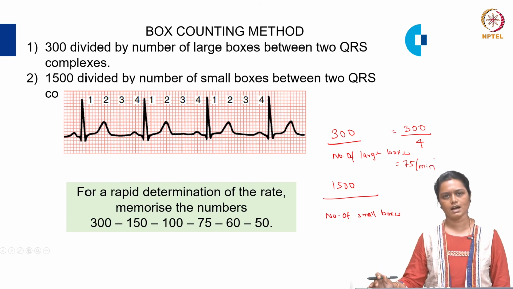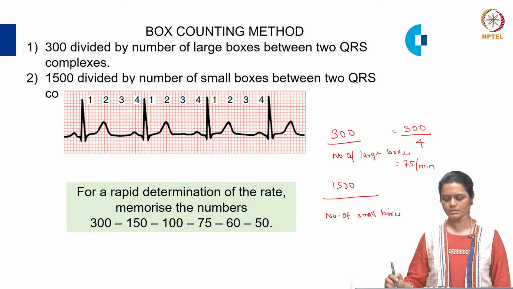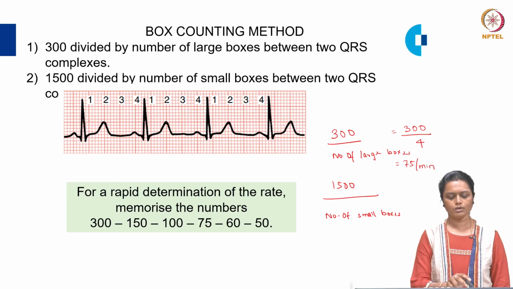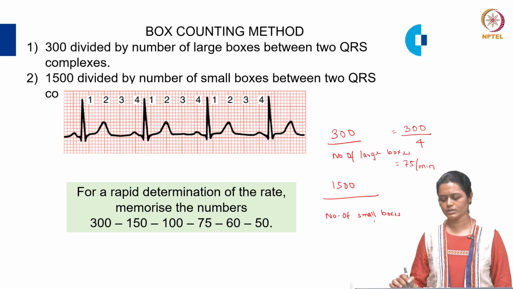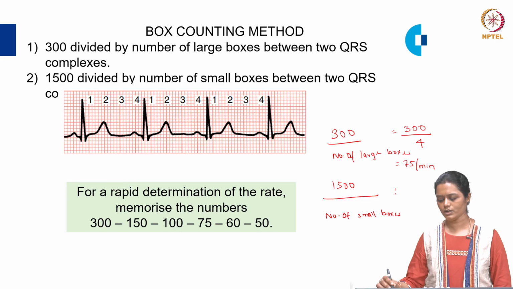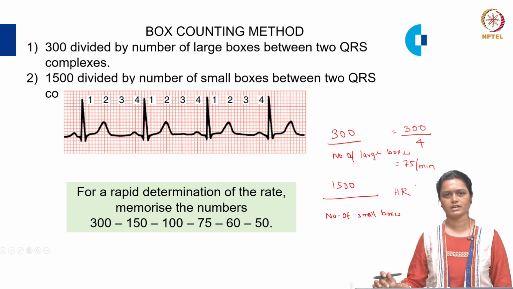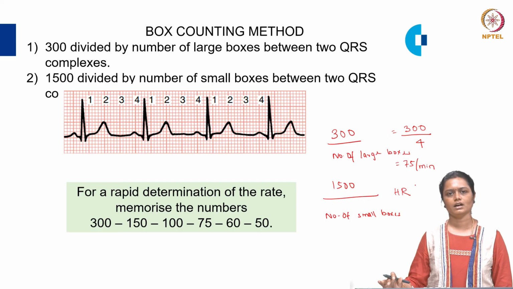That will be the heart rate. Similarly, you can count the number of small boxes between the two consecutive QRS complexes, substitute in the denominator, and get the heart rate. These are the two methods employed by counting the large boxes and small boxes.